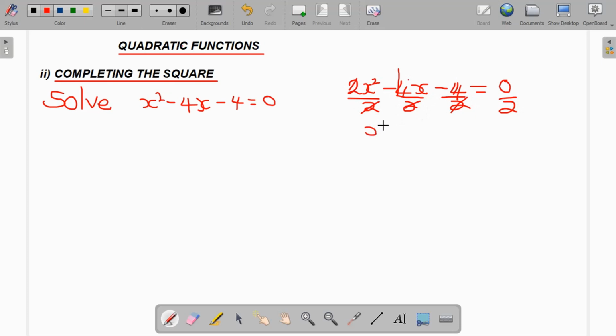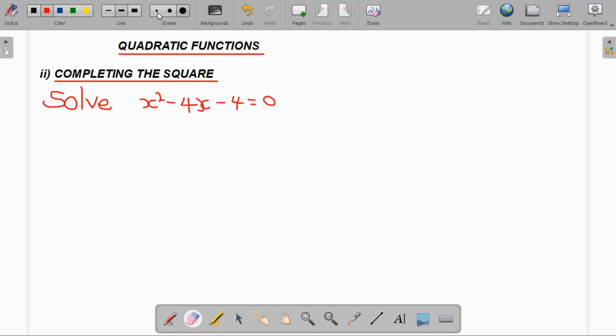So we write x square minus 2x minus 2 equals 0. The reason why we divide by 2 is to get rid of this 2, so that the coefficient of x square remains 1.